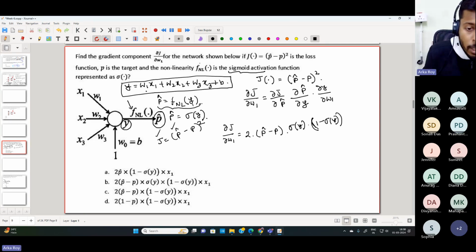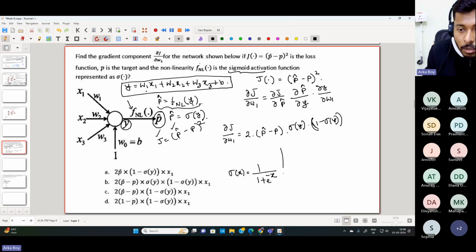Okay, then let me do the derivative first. Let's say you have sigma of x. What is the formula of sigma of x? That is 1 by 1 plus e to the power minus x. Now we are trying to find sigma dash of x, the derivative of sigma with respect to x.